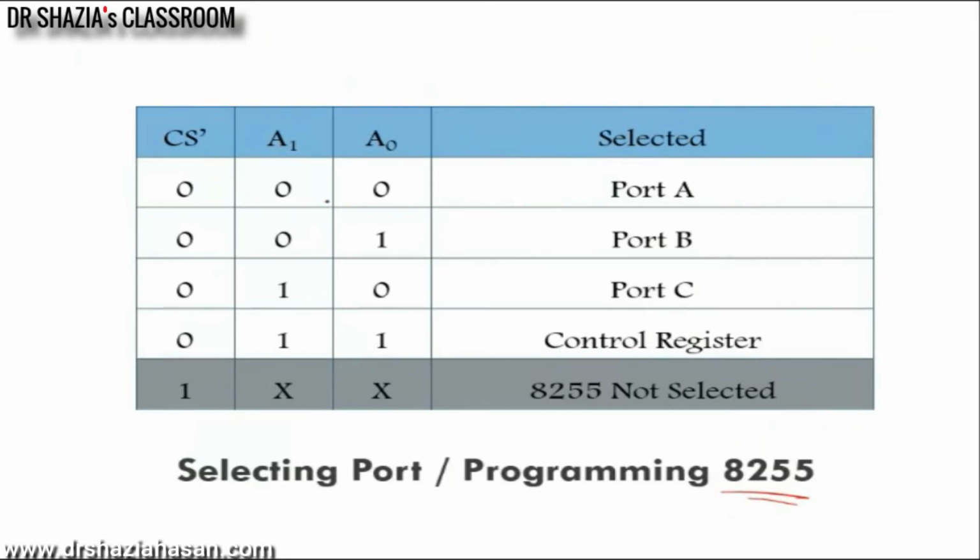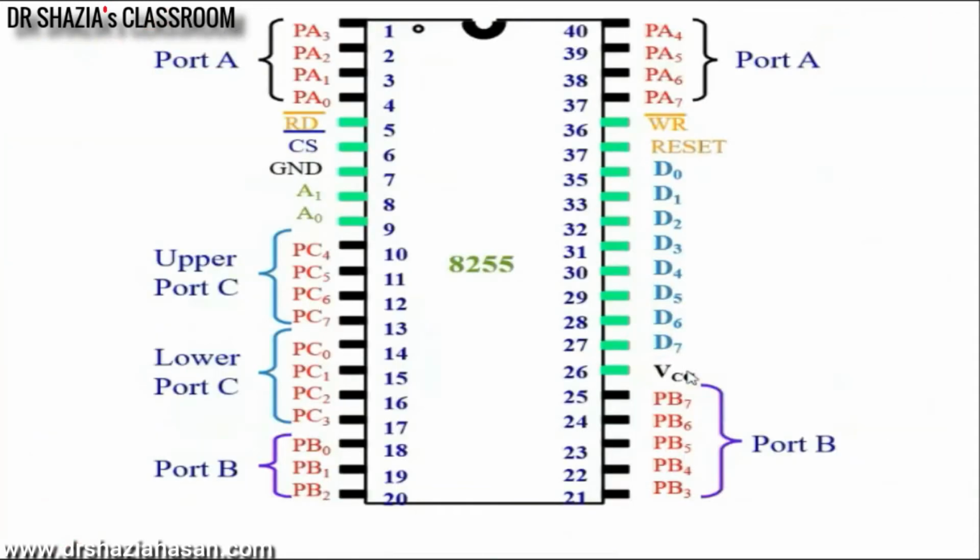Whenever A0 and A1 is 01, port B will get selected. When it is 10, port C will get selected, and when it is 11, the fourth combination, it is the control register. You are communicating to the control register. If you see the diagram here, it is not shown.